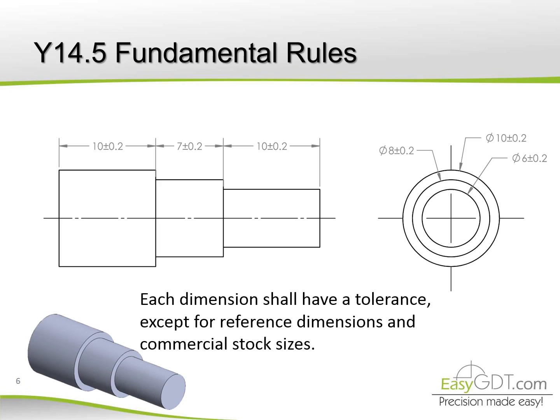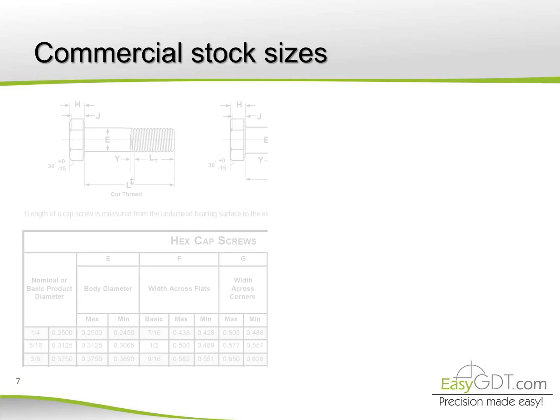Each and every one of the dimensions in a drawing shall have a tolerance specified. It is impossible to make perfect parts. It should always be specified whether a dimension is critical or not, if it's allowed much or little variation. The exception to this rule is in commercial stock sizes.